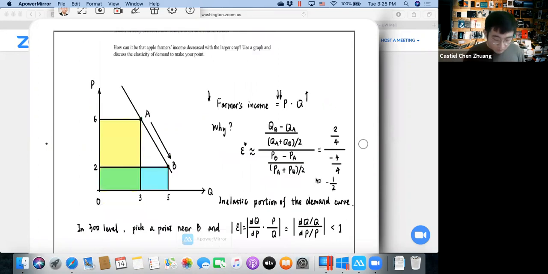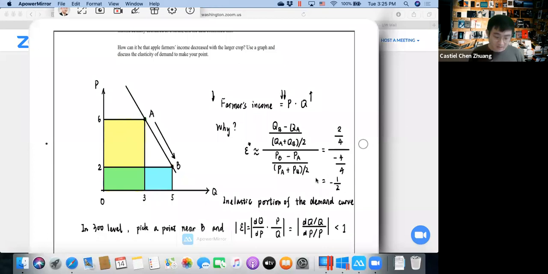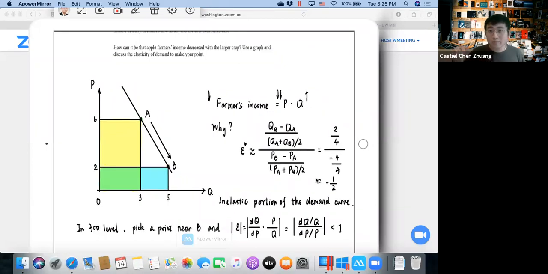So if you want to use the notation that we use in class, we can just pick a point near point B, and then we use the formula of elasticity.